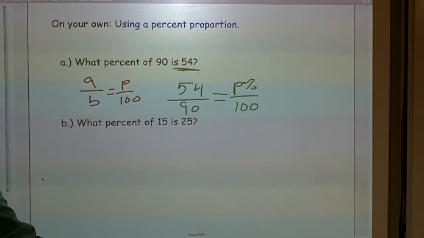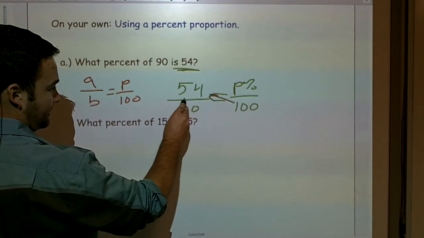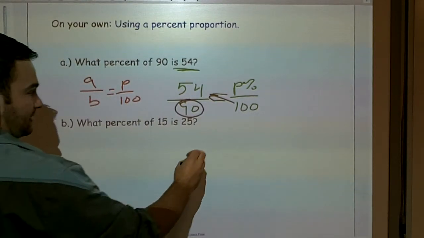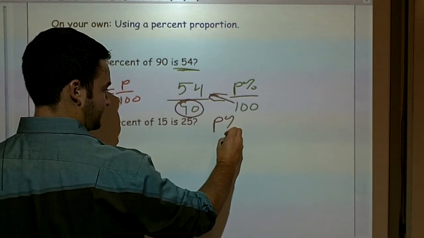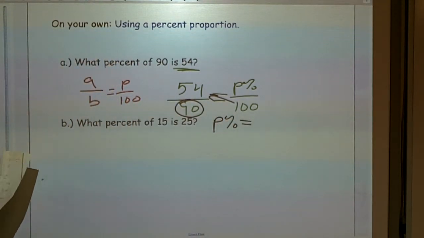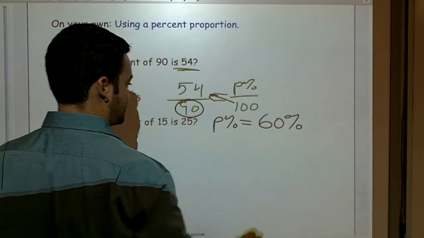And again, from there we just play baseball. We cross multiply by 100, divide by the ball. 54 times 100 is 5400. And if we divide that number by 90, our P percent should come out to being right around 60. 60%.